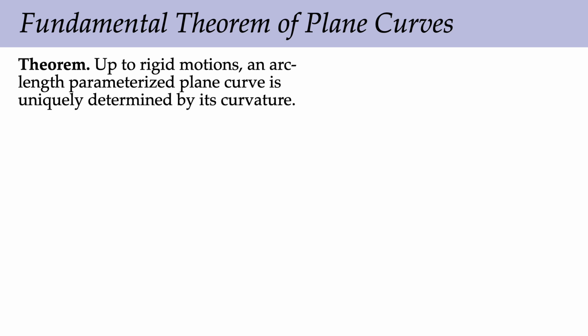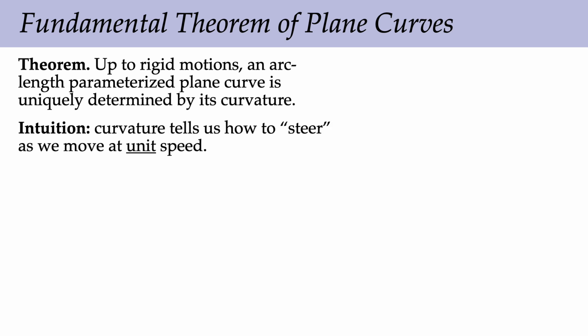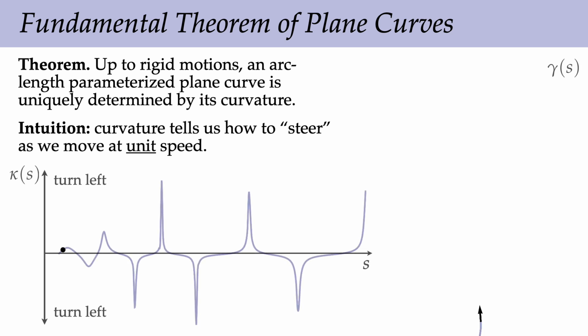Why is that true? What's the intuition? Well, hopefully you've gotten a sense by now that curvature kind of tells us how to steer along a path. If we're walking along at unit speed, the curvature is telling us how quickly we should be turning our steering wheel to the left or to the right. Here's a little visualization.